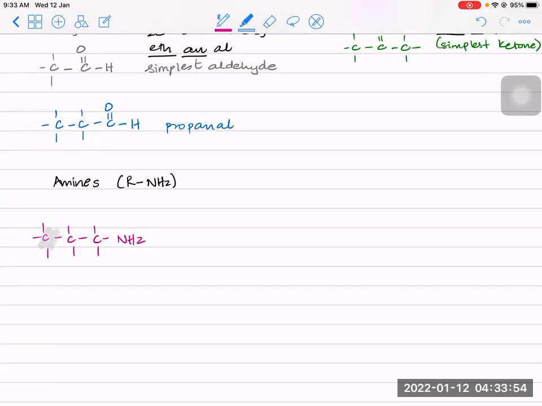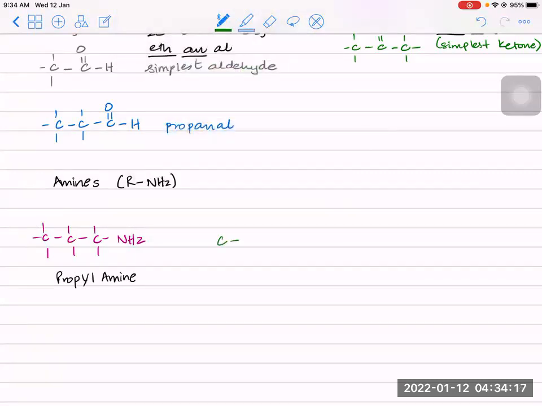Now you have 3 carbons and an amine. Technically a propyl R group and an amine, right? So this will be called what? This would be called propylamine, because this is a propyl linkage, the R group, and the amine linkage, NH2.